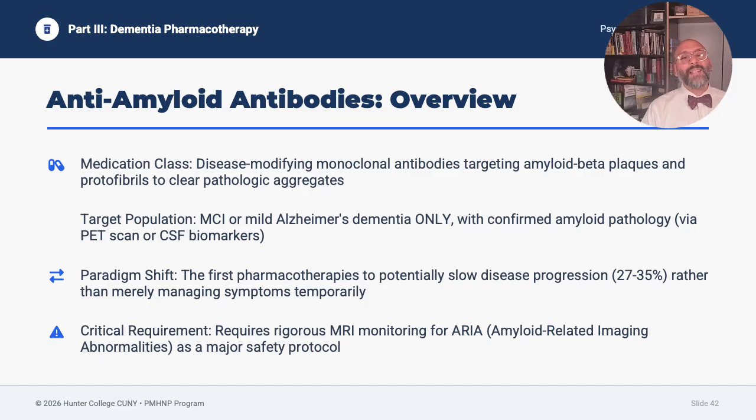So bottom line is anti-amyloid antibodies represent a major shift in the scientific thinking, but it is a very high burden, high risk, and appropriate only for a very narrow, carefully screened population of mild Alzheimer's.